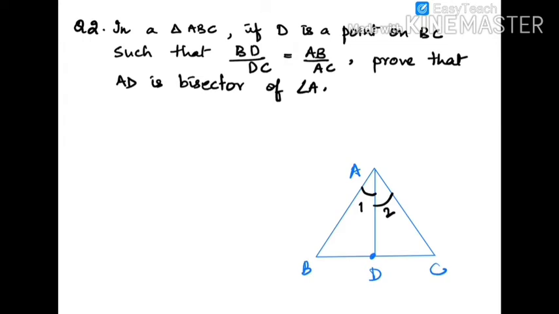So in order to prove AD is angle bisector of angle A, we have to prove angle 1 is equal to angle 2.